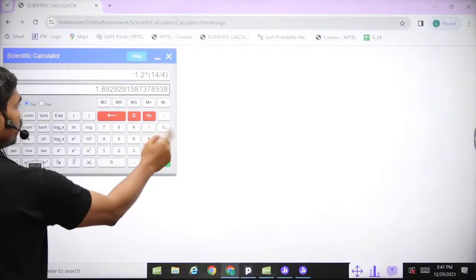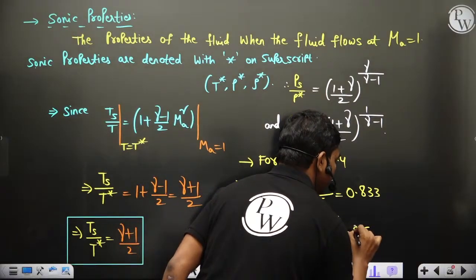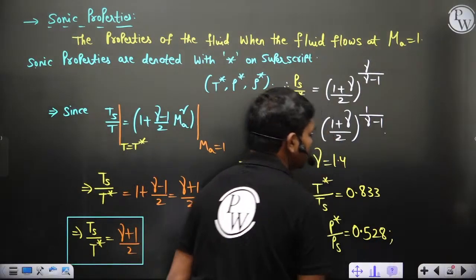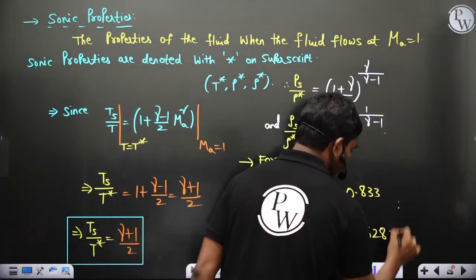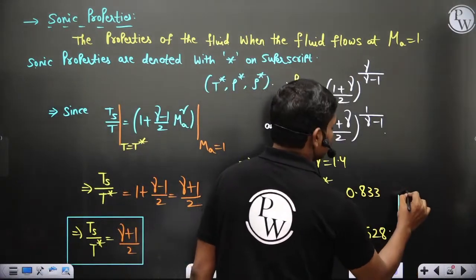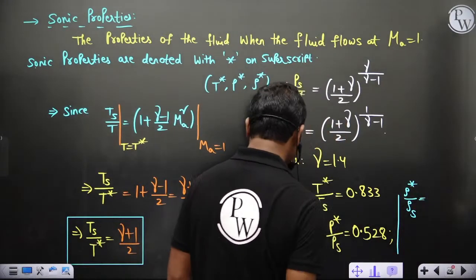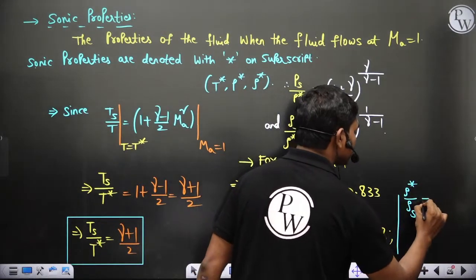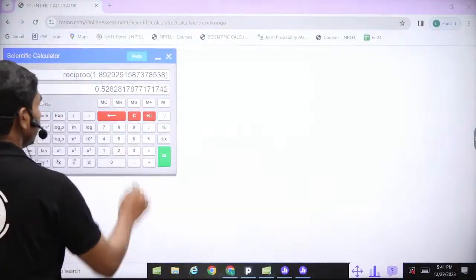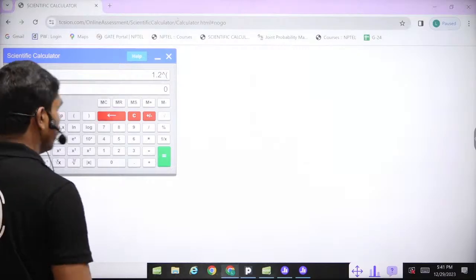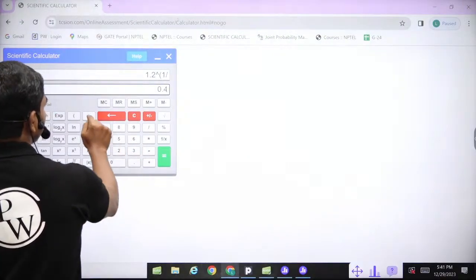Okay, so this value, now if you reciprocate, 0.528. And similarly, if you do density calculations, rho star by rho s, sonic density by stagnation density, is 1.2 power 1 by gamma minus 1, so 1 by 0.4, 2.5 of course.